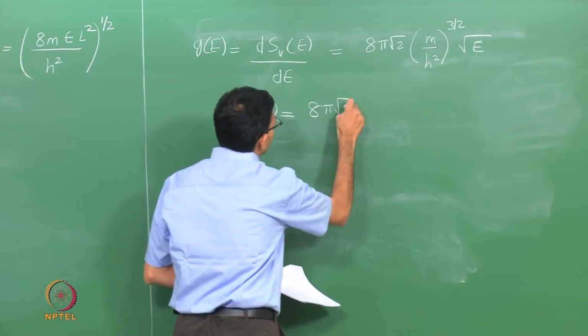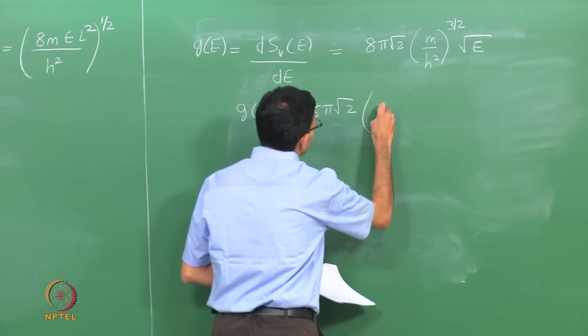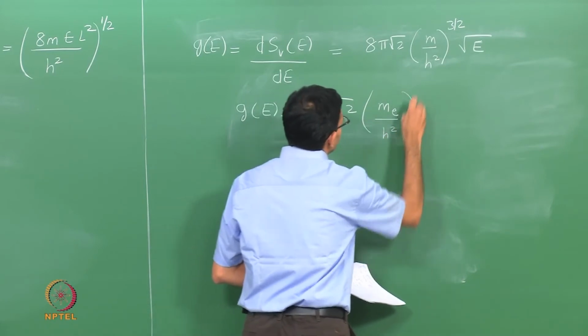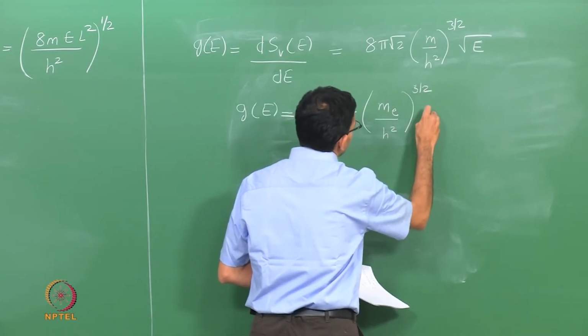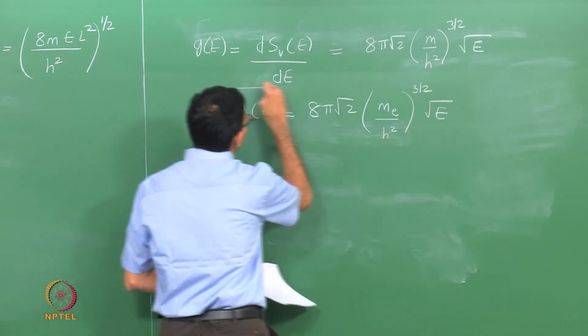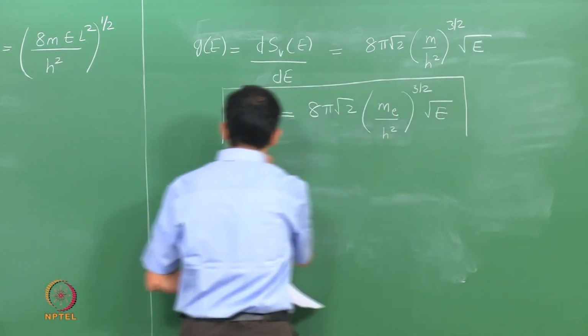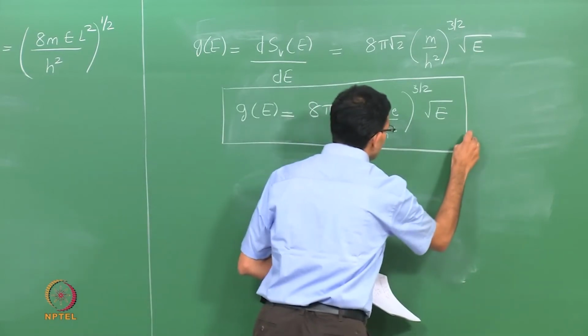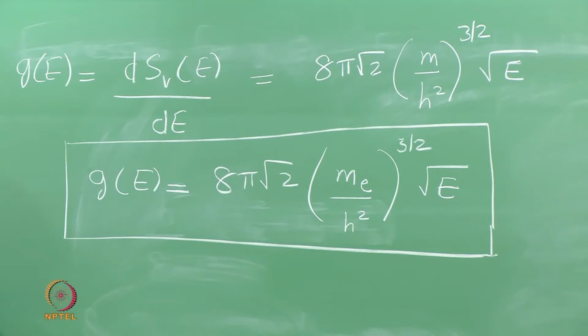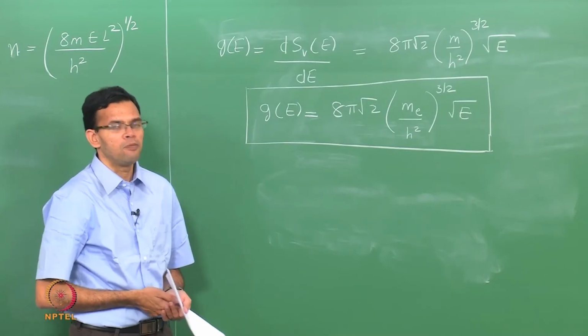It's 8 pi root 2 times. So, this is the expression for the density of states for electrons in a 3D solid with a uniform potential.